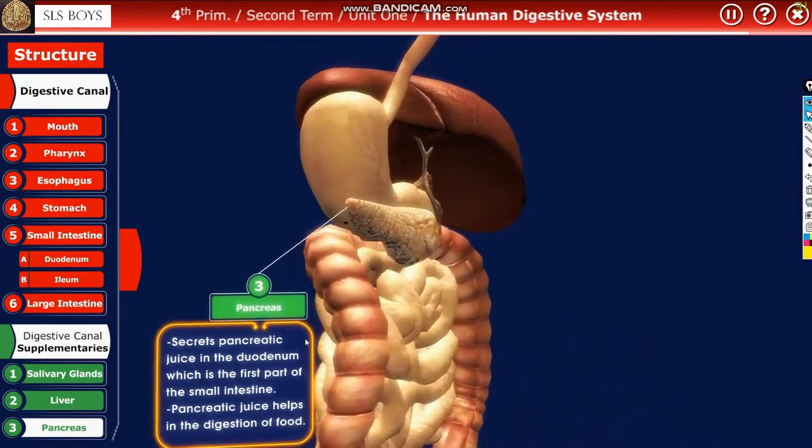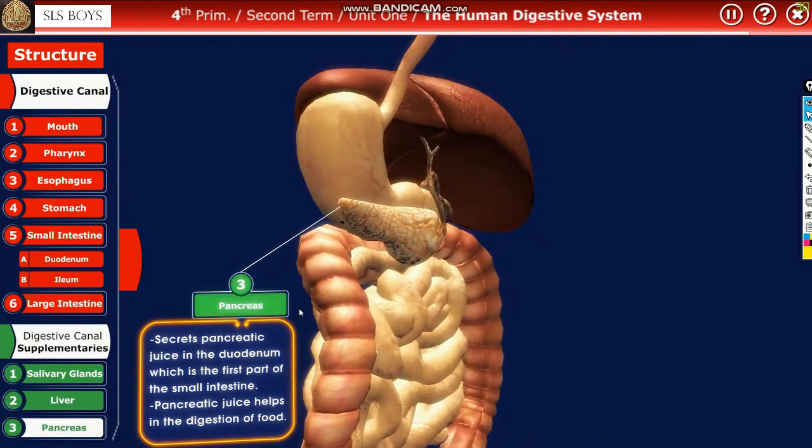Then we have the pancreas. The pancreas is considered a digestive canal supplementary because it secretes pancreatic juice in the duodenum, like we discussed, which is the first part of the small intestine. Pancreatic juice also helps in the digestion of the food.